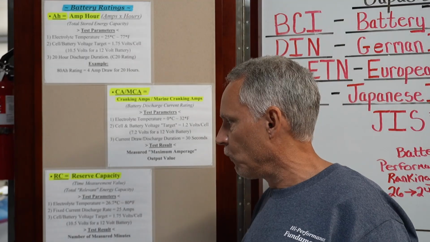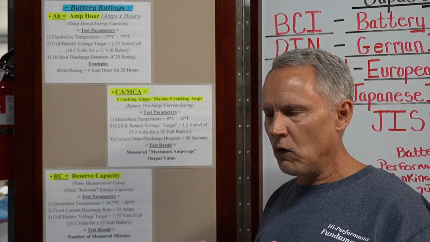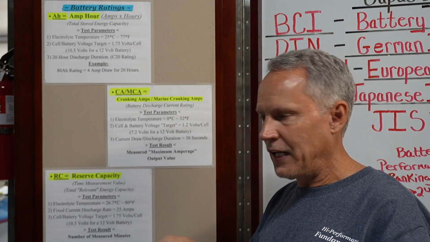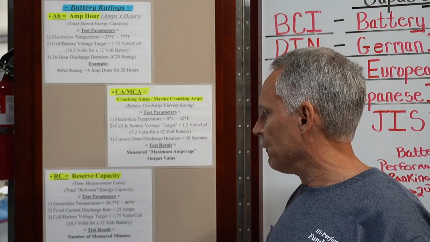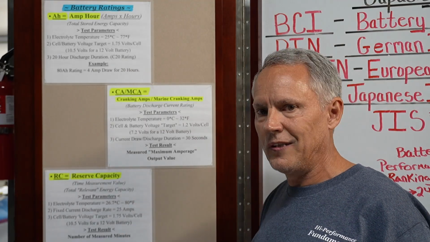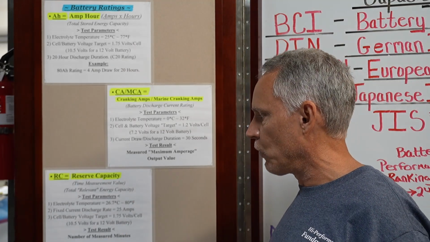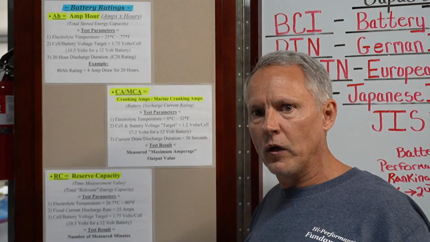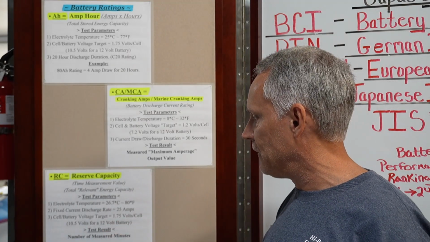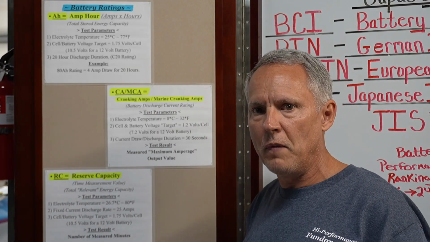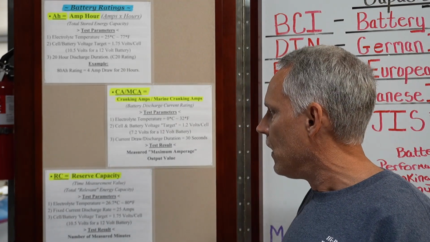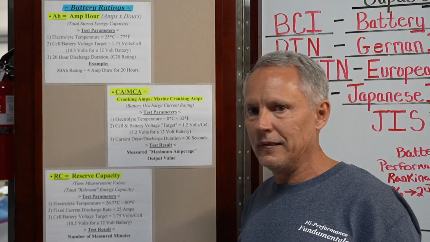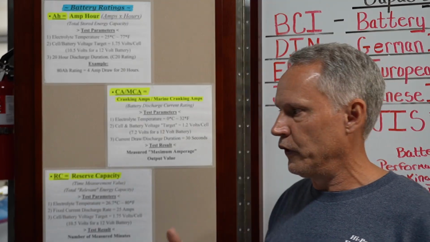Once again, the battery is fully charged. It's been allowed to settle to where the voltage is stabilized. The electrolyte temperature is 26.7 degrees Celsius, 80 degrees Fahrenheit. We're going to discharge the battery at a constant rate of 25 amps and see just how long it can do that before the battery voltage reaches 10.5 volts for a 12 volt battery. Like I said, I call it a relevant energy capacity because I think that's more realistic to what you're going to experience.